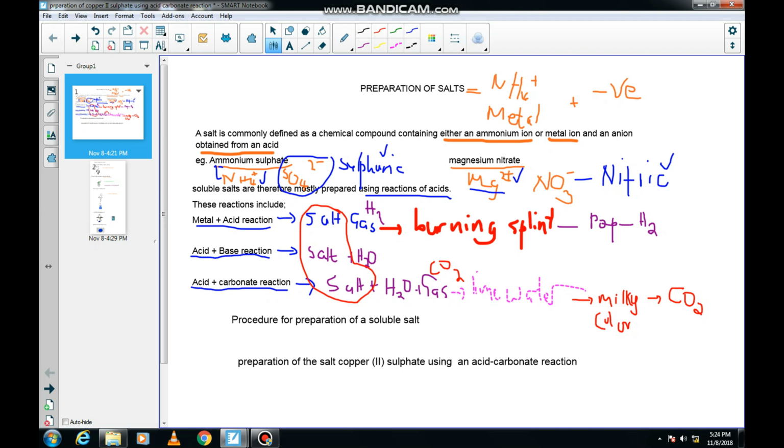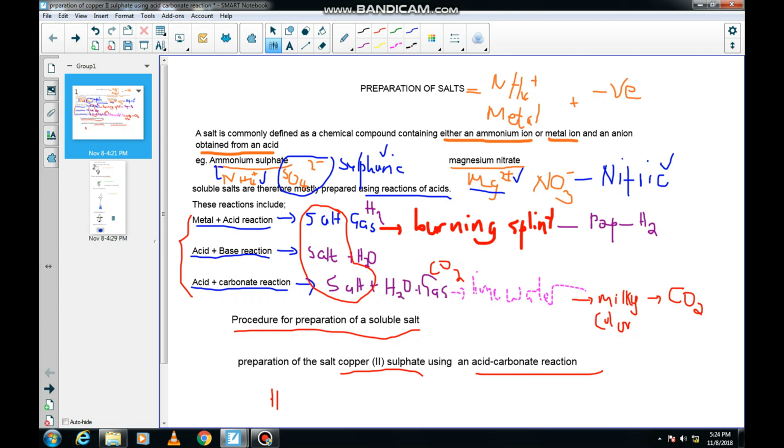We will now look at the procedure that we can use to produce a soluble salt by using any of these three reactions. As an example, we will look at the preparation of the salt copper 2 sulphate using an acid carbonate reaction, which we have just covered.